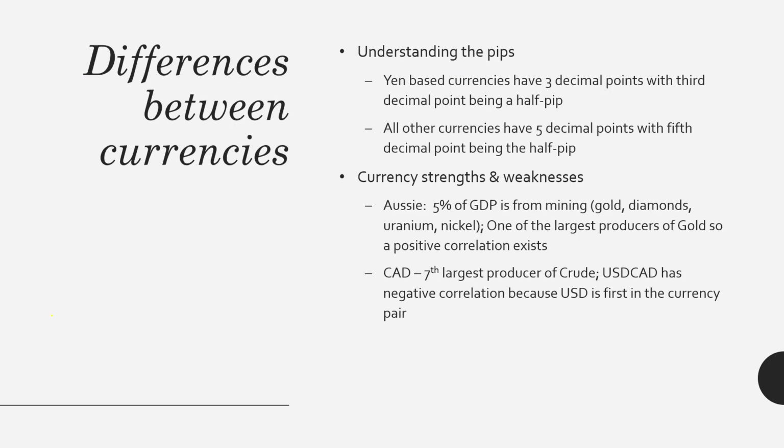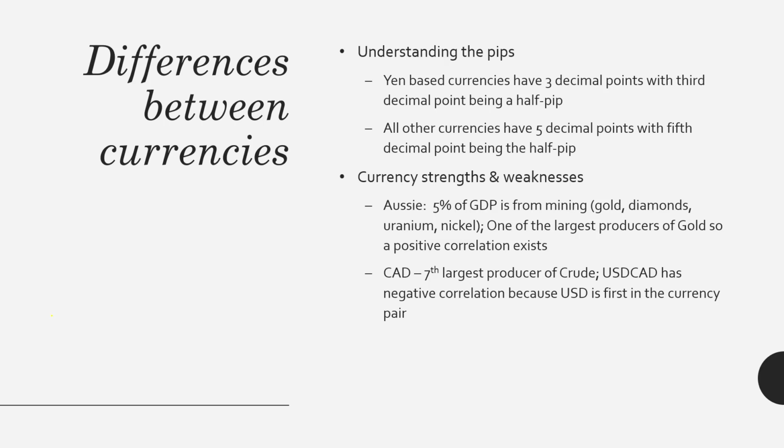Now, here are some differences between the currencies. Any currency with the yen has 3 decimal points. The third decimal point is considered the half pip. Most movement is measured in full pips, so you really want to pay attention to the 2 decimal points on the yen-based currencies.